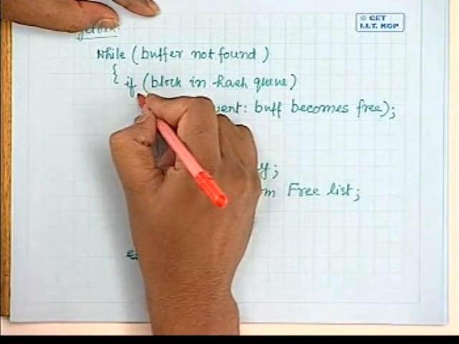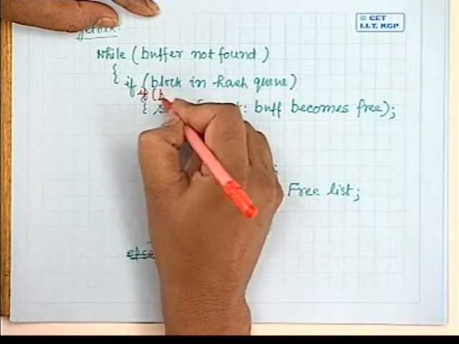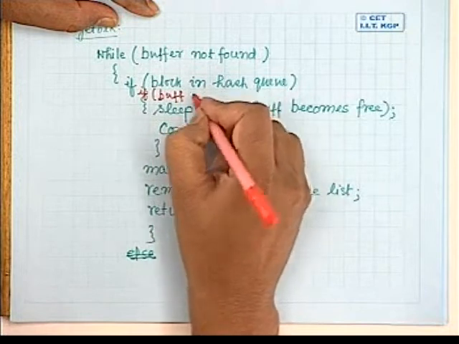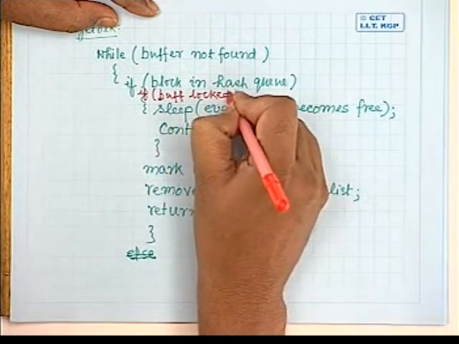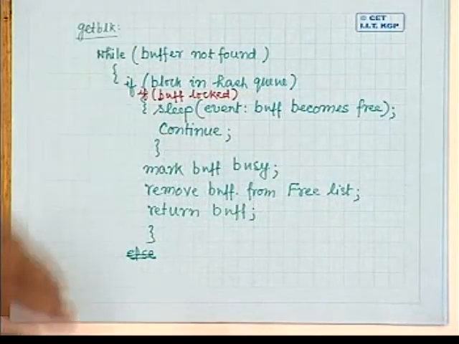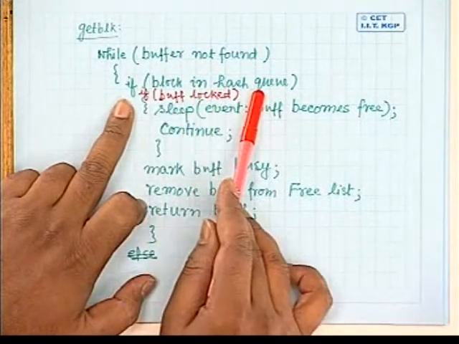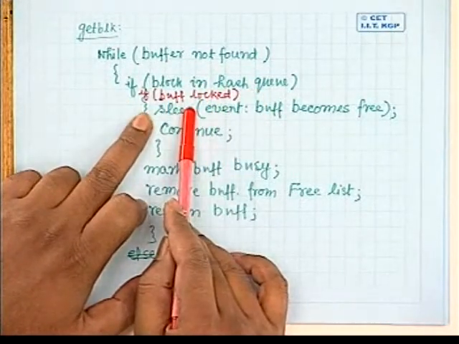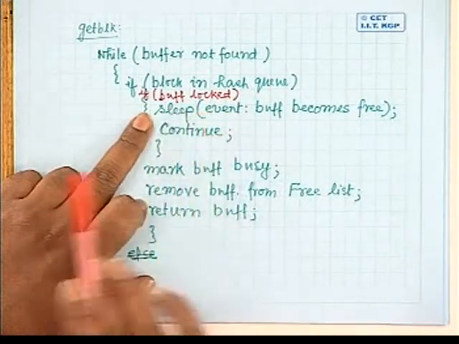If buffer locked, okay. So I can have a situation that the block is present in the hash queue, but the buffer is marked locked. That means the data is present, but it is being used by some other process.